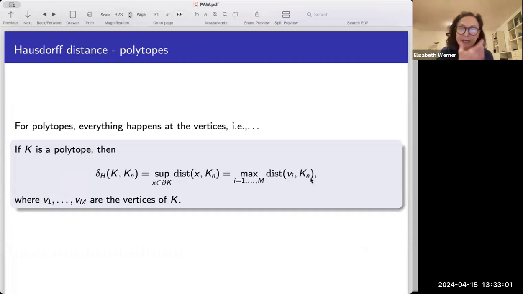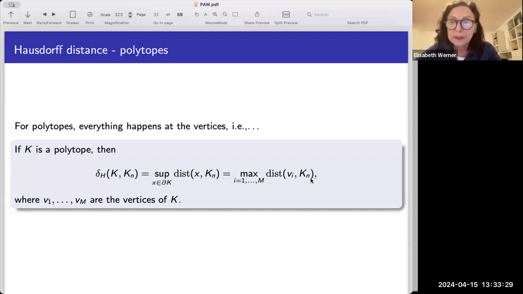We already realized that for polytopes, everything happens at the vertices. So if K is a polytope and we look at the Hausdorff distance between K and the random polytope Kn, we've already seen that as the random polytope is contained in K, the Hausdorff distance reduces to looking at the sup over all x on the boundary of K, the distance of x to Kn.